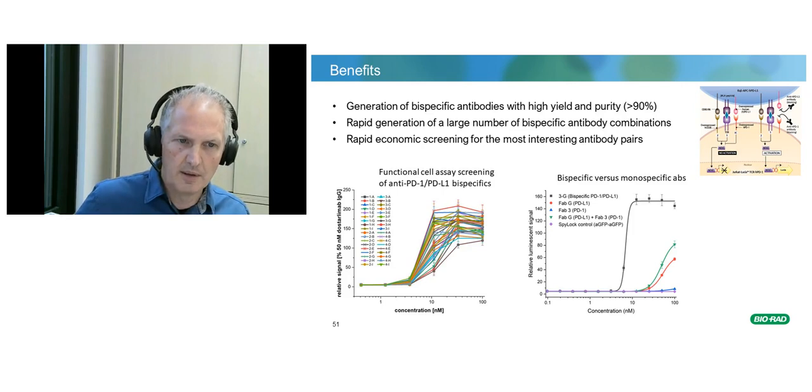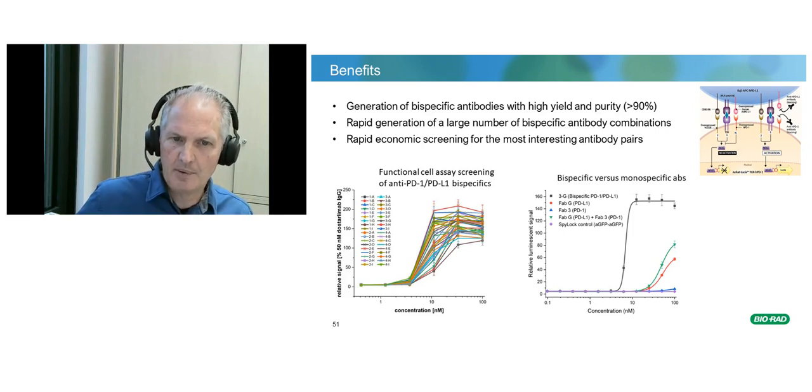On the left we looked at the 36, and on the right we looked at one bispecific antibody. Here the purple curve is a negative control, a GFP monospecific antibody generated with this SpyCatcher SpyLock tool.